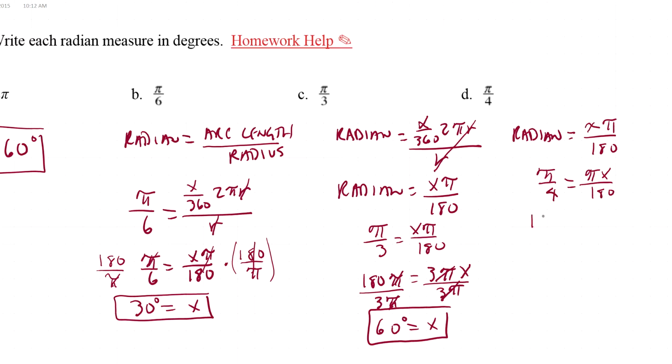Cross multiply, we get 180 pi equals 4 pi x. Divide by 4 pi, divide by 4 pi. So this cancels, and we get x, the angle measurement. Pi's cancel. 4 goes into 18 4 times. And so that leaves 20, so 45 degrees.